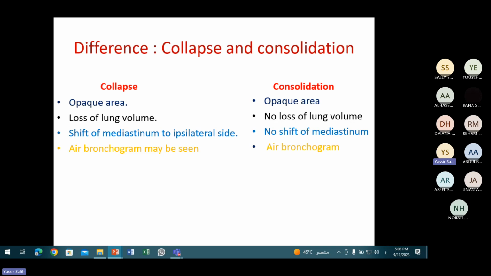Consolidation and collapse are differential diagnoses of increased opacification of hemithorax. In collapse, in addition to increased opacification, there is a loss of lung volume.